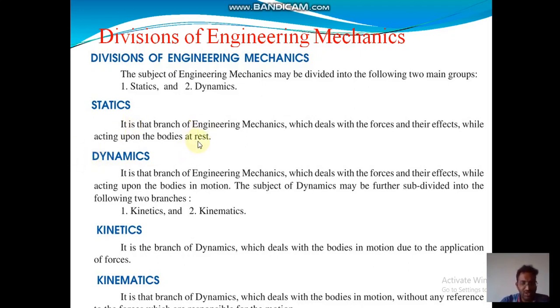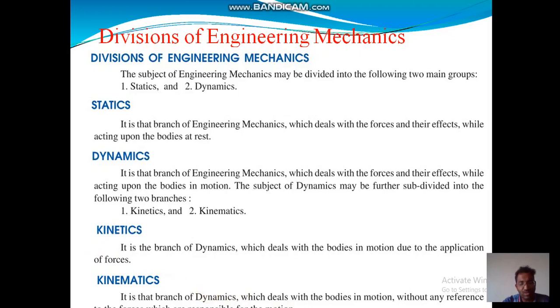So if it is rest condition, it is statics, and if it is motion condition, it is dynamics. Again dynamics is divided into two categories, kinetics and kinematics. We study the application of forces completely. It means which force is acting, how much force is acting, what is the magnitude of force. We study all these parameters. This completely comes under kinetics.